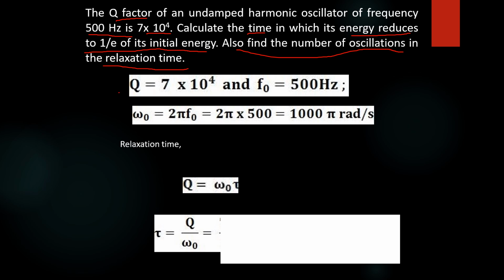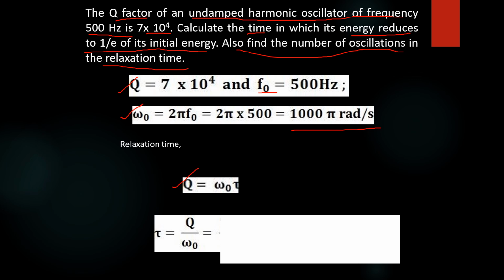So Q they have given, Q is equal to 7 into 10 raised to 4. Now 500 Hertz is the undamped frequency. Undamped harmonic oscillator of frequency means it is f0. f0 is 500 Hertz. Now using f0 you can find omega 0, the undamped angular frequency. Then Q is omega 0 into tau.